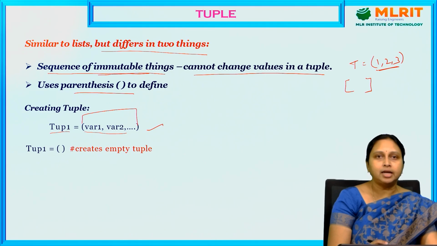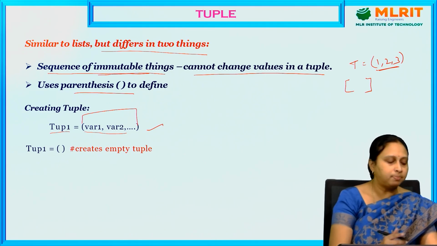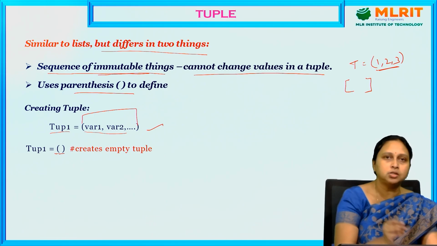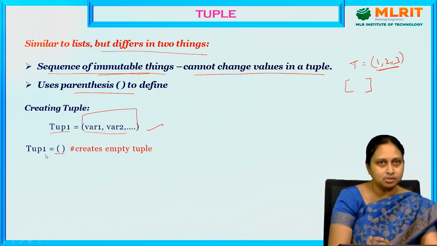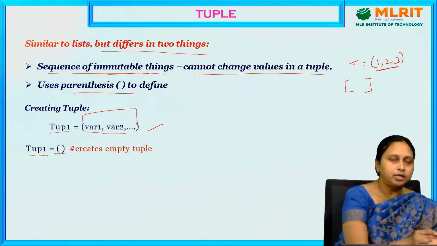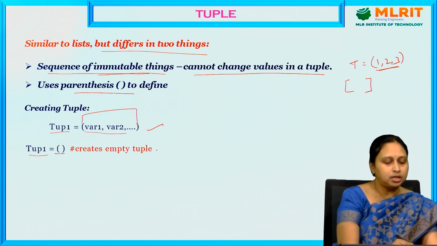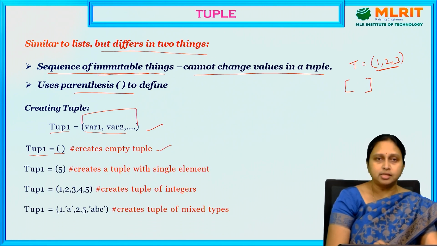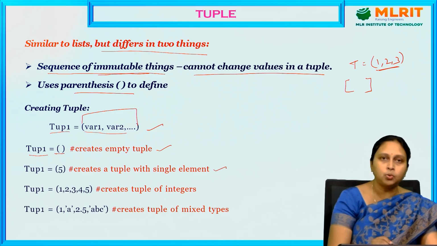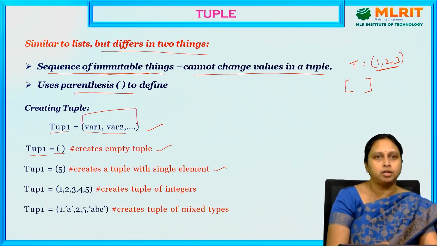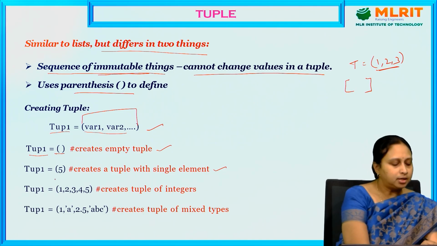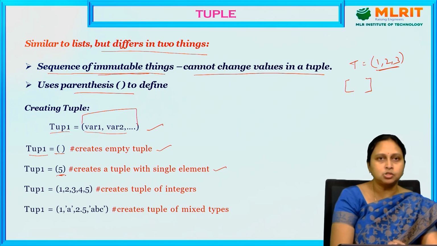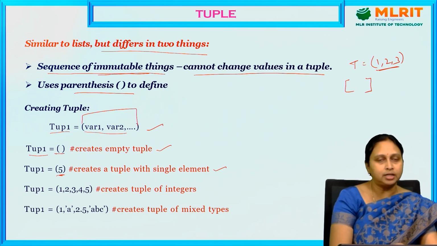And we can create an empty tuple also. We don't have any elements in the tuple. That can be created by using only opening and closing parentheses, assigned to one variable, which creates an empty tuple. The second is creating a tuple with a single element. Only one element is included in the tuple, that is, within the parentheses we give one integer element.